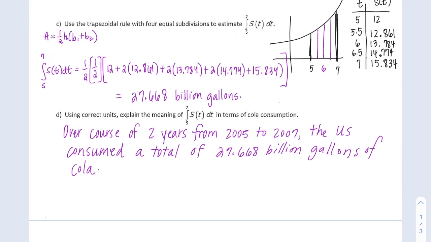Another way you could say it is it's the net change in gallons of cola consumed by the US.